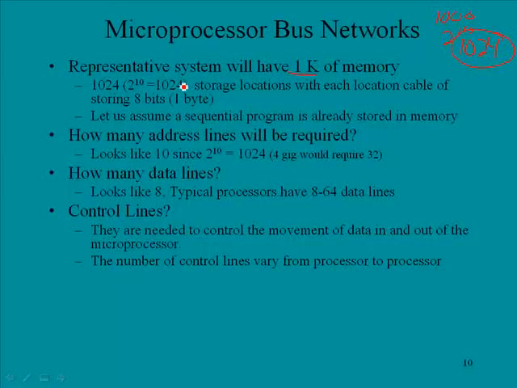So we're thinking in terms of 1K of storage locations, and at each location we're going to store 8 bits of information, 1 byte. So here we have this system where we can have 1,024 bytes of memory. And let us assume that a sequential program is already stored in memory.